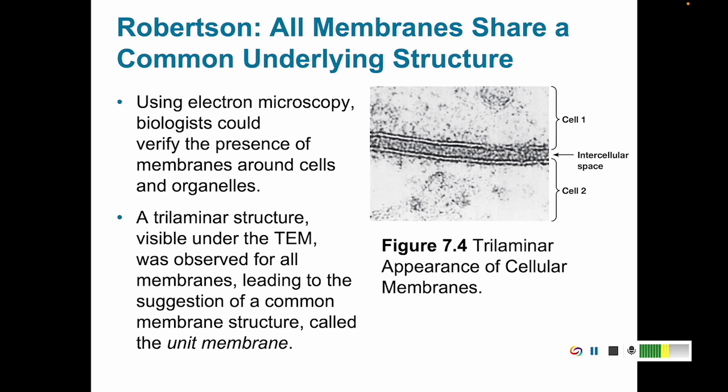No matter what kind of cell you are, no matter what kind of organism you are, your membranes are going to be the same. Your membranes are the same in your cells of an animal. Your membranes are the same in the cells of a plant. Your membranes are the same in your organelles. That is our unit membrane. Membranes are this basic phospholipid protein combination structure.